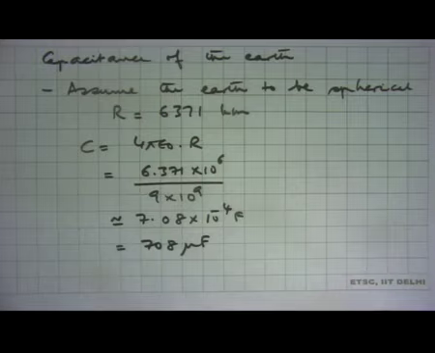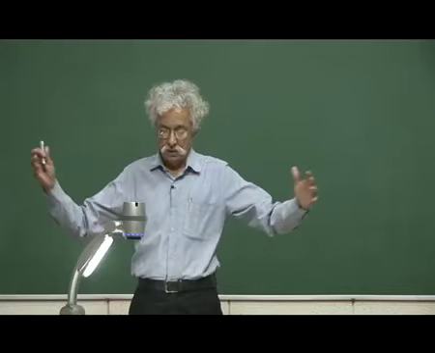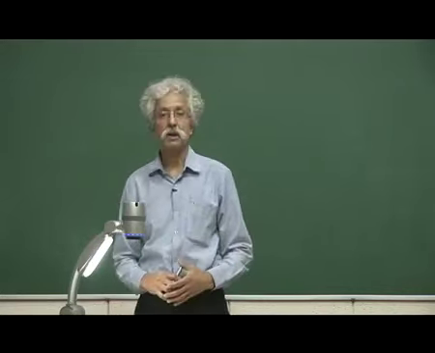So, that is the capacitance of the earth. Such a large object as the earth has a capacitance of about 700 microfarads.